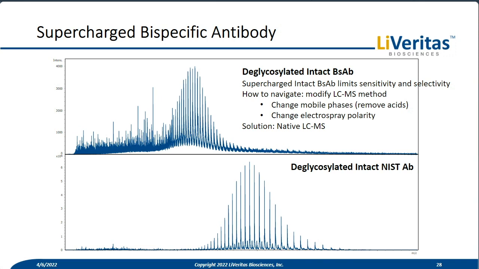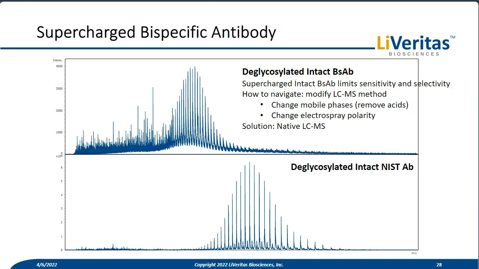So we thought about two different ways of navigating this challenge. One was to remove the acids in the mobile phases in order to minimize supercharging. We also thought about changing polarities, but it's a good thing that the first bullet point worked.